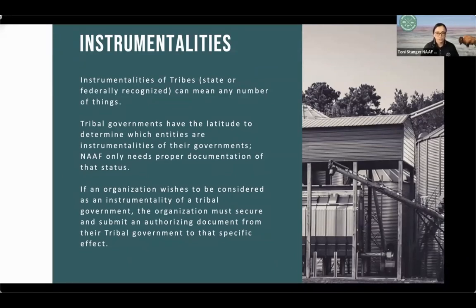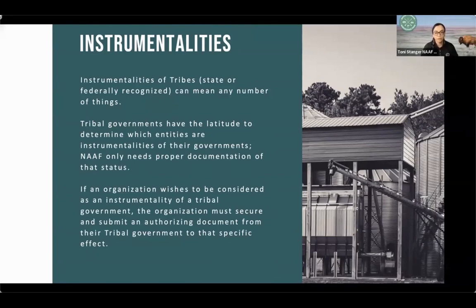We are going to talk later about sovereign immunity waivers in the next slides, but also when we're talking about instrumentalities and their authority to apply on behalf of their tribal governments, we only need enough information that we know that you have permission to apply.